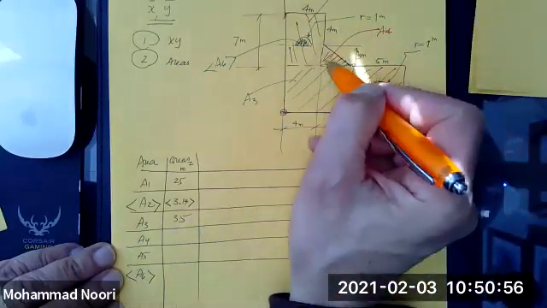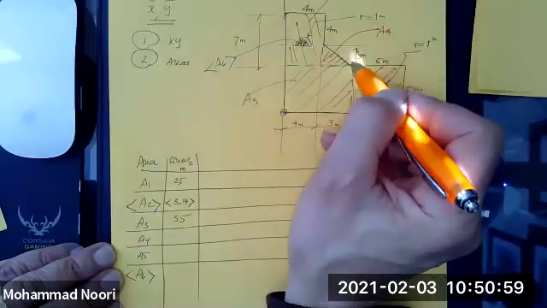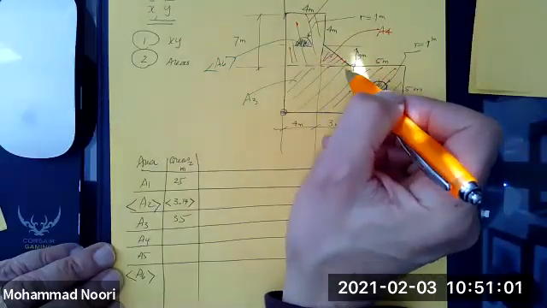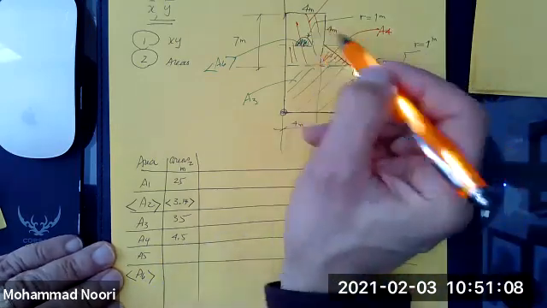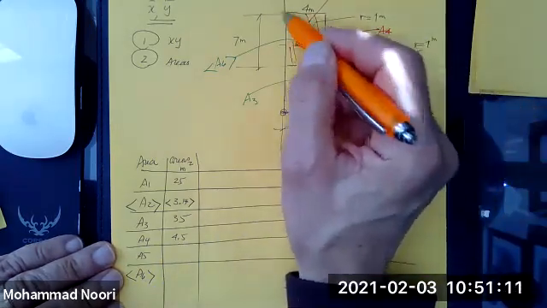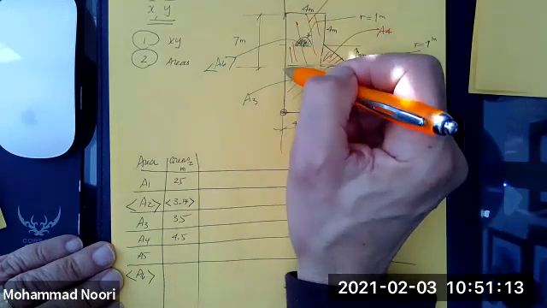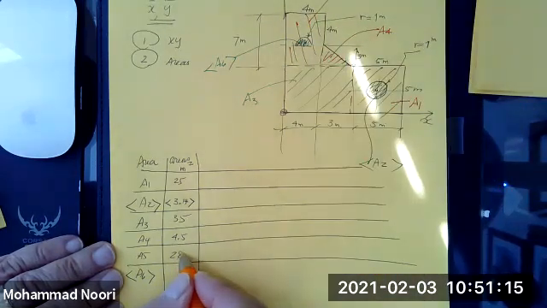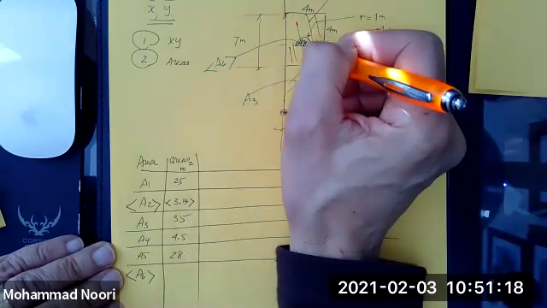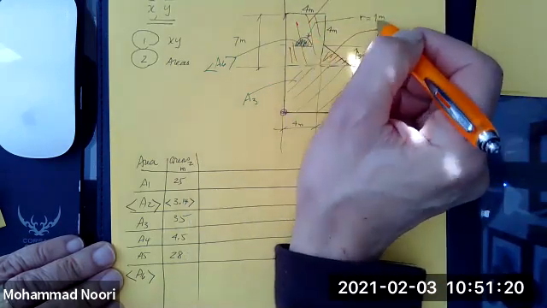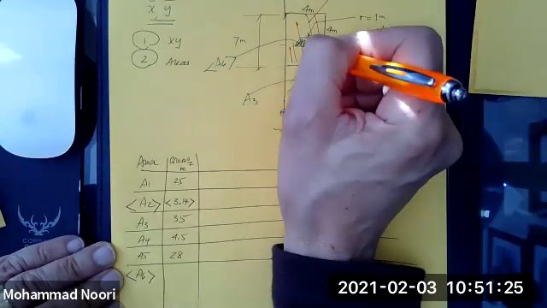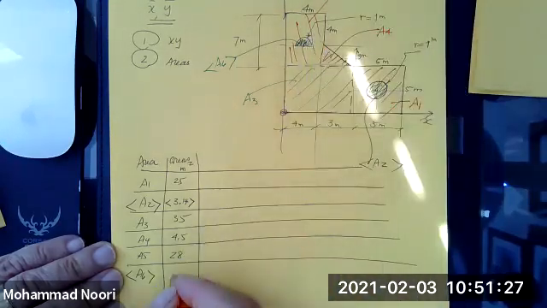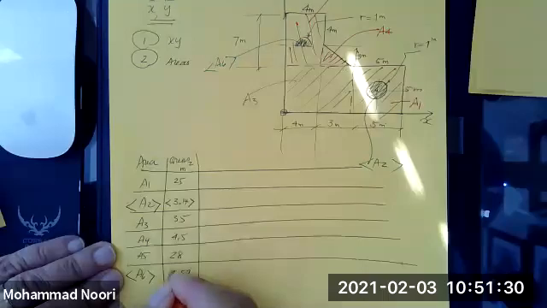Area 4 is this little triangle, 3 by 3 divided by 2, so 4.5. Area 5 is this rectangle, 4 by 7, so that's 28. And area 6 is this half circle, radius of 1, so pi r squared divided by 2, that means half a pi, so it'll be negative 1.57.